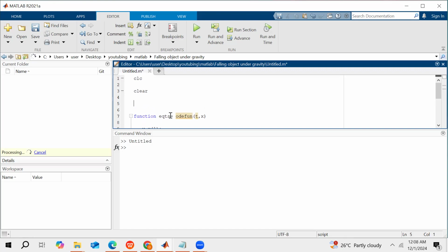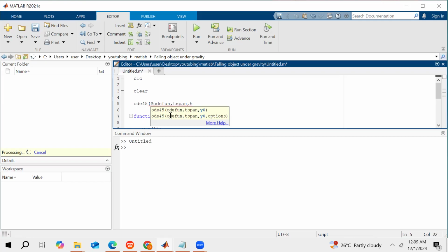So I'm going to say ODE 45. For the ODE 45, I have to define the ODE function. I have to call the ODE function. Then I have to define my T-span.